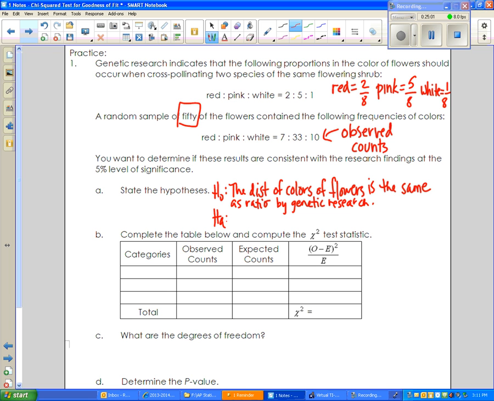And then the alternative would be the distribution is different. And just for the sake of time, I'm not going to write that all the way out. On the AP test, make sure you write it all out.